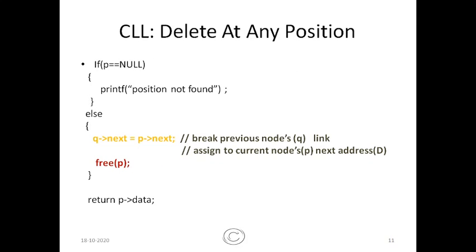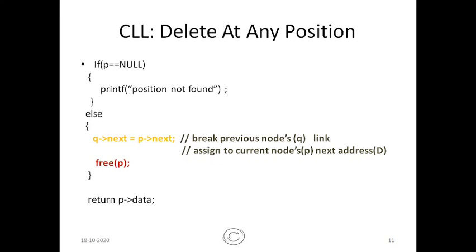Okay, so we can simulate this and try to run this. It is well defined for the beginning or end, and we have to give the value for k, sorry, position, so that it will delete the node at any position. At the beginning k is equal to 1, at the end it is the length of this circular list.